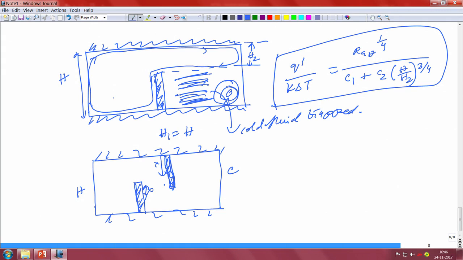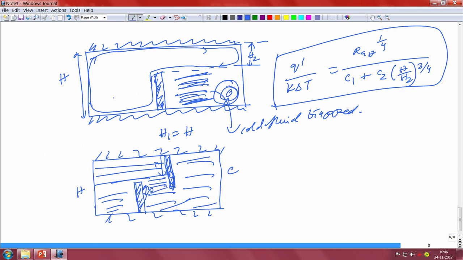So, what you create in essence is a region which is hot here, and a region which is cold here, and in this region you get a temperature gradient from hot to cold. So, if you look at this region, zoom in, what you will find is that from hot to cold you will have a temperature gradient.